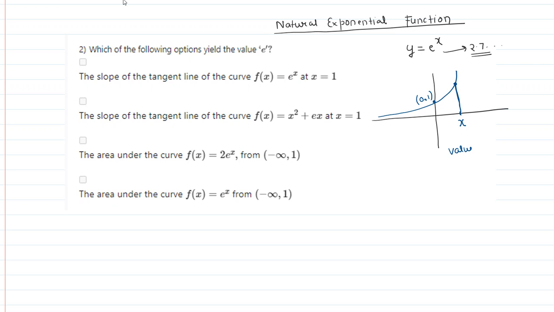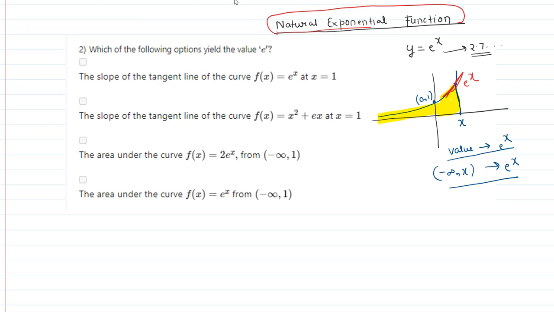The area under this curve, this whole area from minus infinity to x, is going to be e^x. And the slope of the curve at this point is also e^x. So these are the three important properties of this natural exponential function.